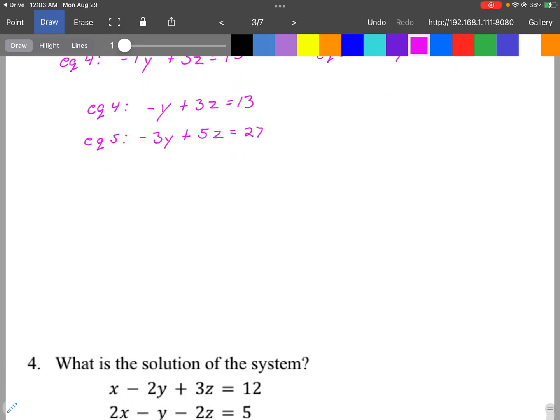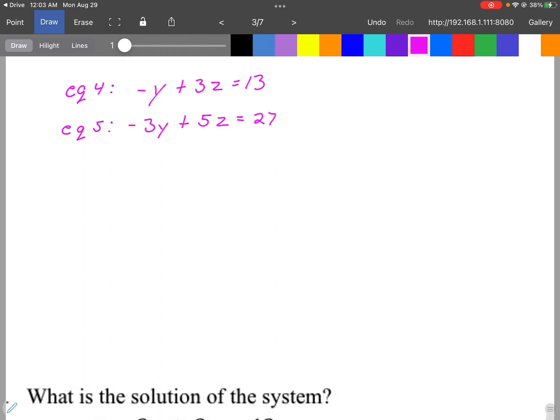Okay, so now I want to ignore that for a little bit, and I want to solve this little mini system. So that means that I need to either cancel the y's or the z's. And I'm thinking the y's look easier because I can take that top y, the negative y, and I could change it by multiplying to cancel with the negative 3y.